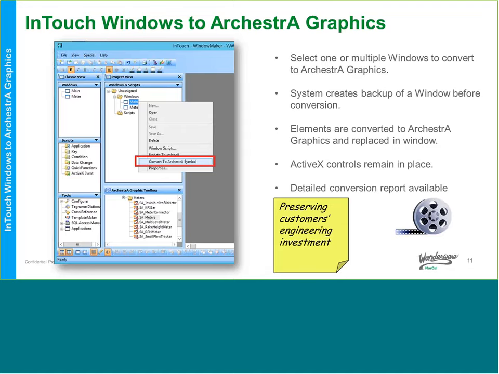So you can create your own graphics, you can customize what we provide out of the box, and now you can convert your existing InTouch windows to Archestra graphics or Archestra symbols so that your existing InTouch window can show up in the Archestra graphic editor. Now it becomes a vector-based window, and you can do the scripting I mentioned with the .NET. It exposes all of the graphical editor capabilities we have for your existing InTouch windows.